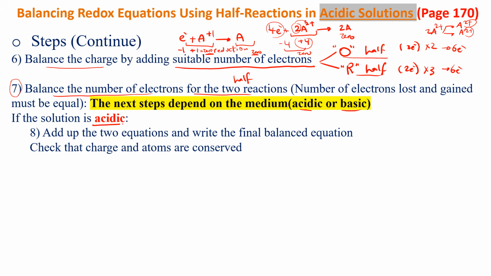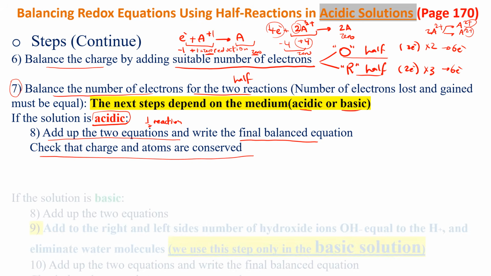If it is in an acidic solution, just add the two equations, the oxidation and the reduction, like we saw in the previous video, and write the final balanced equation. Okay, cancel anything that you see on the left and on the right, if it's the same. And yeah, that's it. Check that the charges are the same on the left and on the right, and so on. Of course you will see an example about that. Of course this is if the solution is acidic.